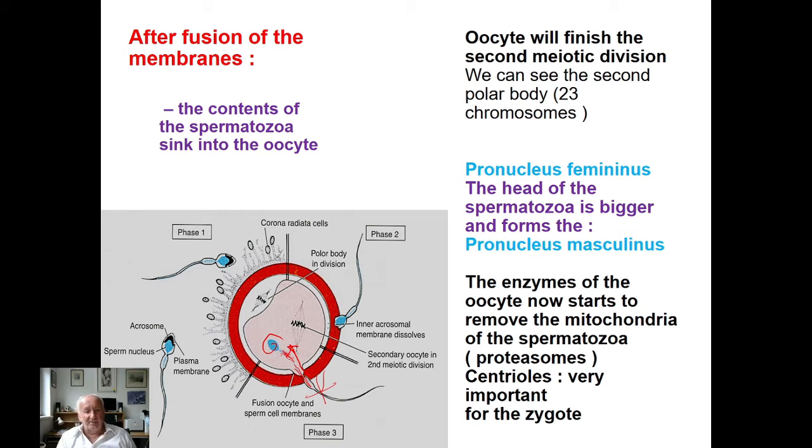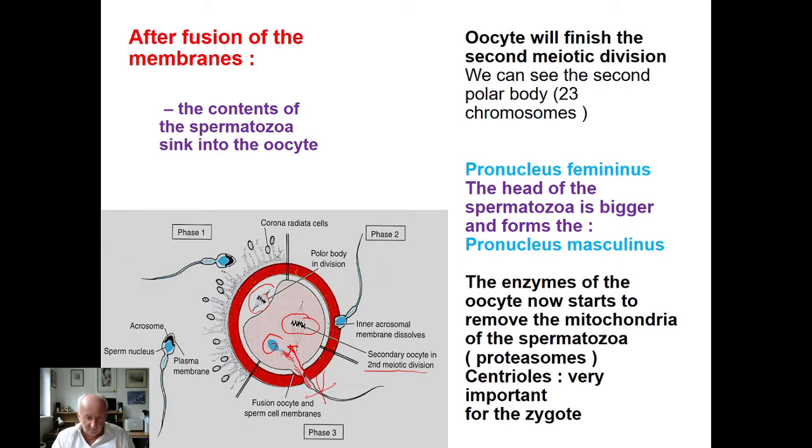The oocyte is in the second meiotic division, you see, in the metaphase. You see the mitotic spindle, you see the chromosomes. The author decided to divide also the first polar body into two. You remember, I said sometimes it's possible.